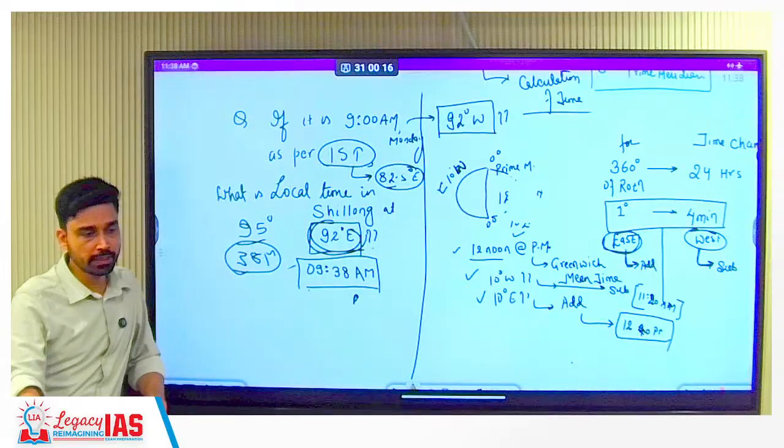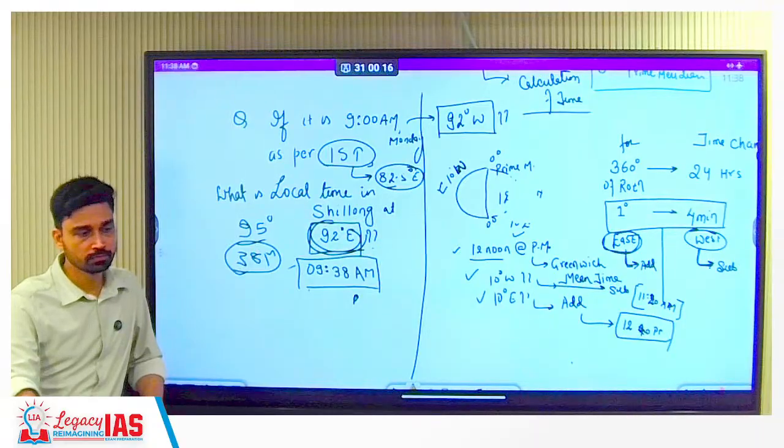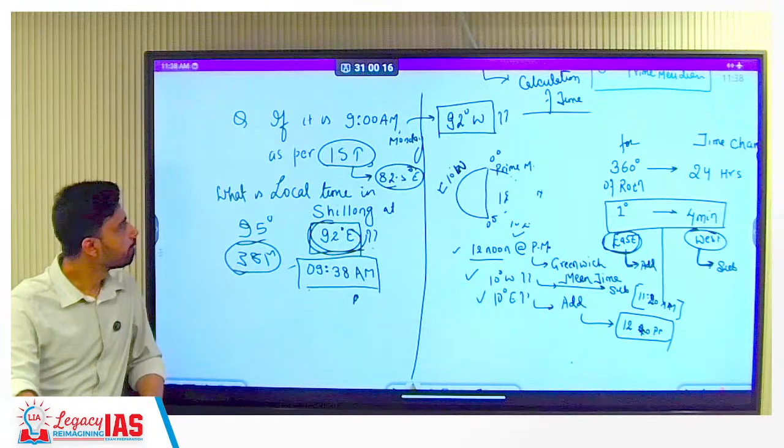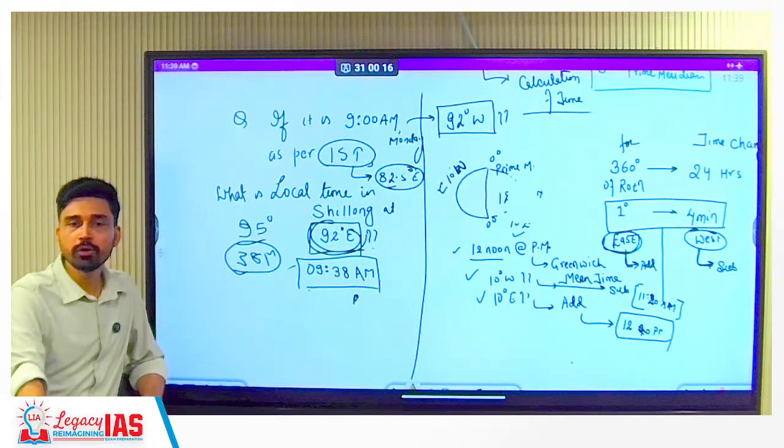No, 8:22 is not the right answer. 8:18. You have to visualize the longitude. Without it, you will not be able to find the right answer. 9:38 p.m. 9 p.m. Who is saying 9 p.m.? How did you calculate?